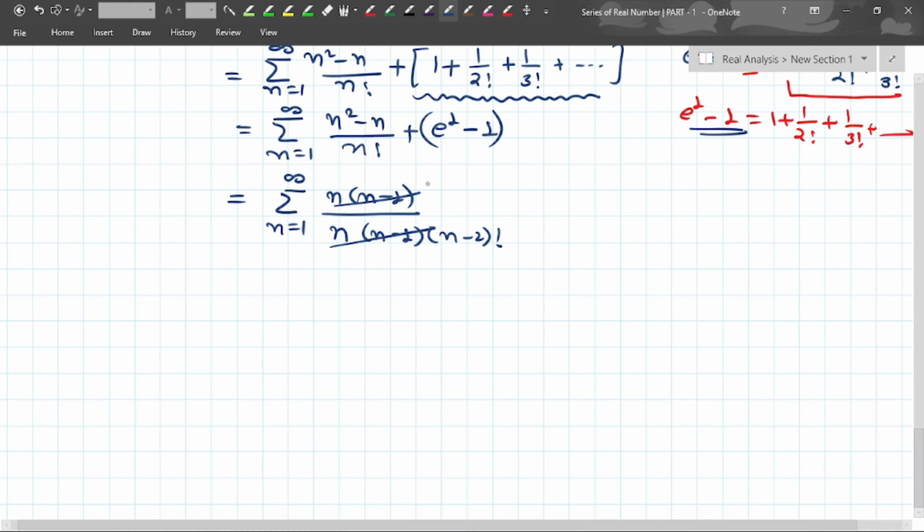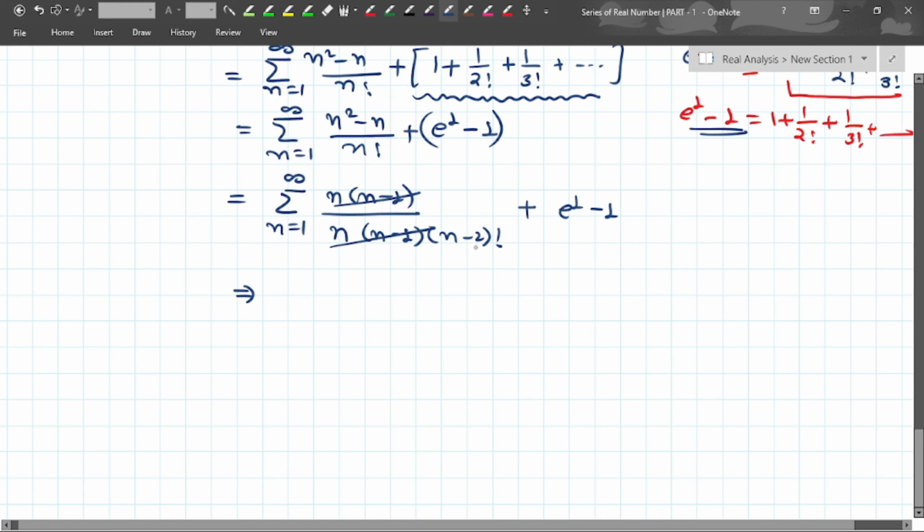Okay, now from here I can just write like this. It is e to the power 1 minus 1. So now n is going to start from here, n equals 2. So here n equals 2 to infinity, it is nothing but 1 upon n minus 2 factorial plus e to the power 1 minus 1.